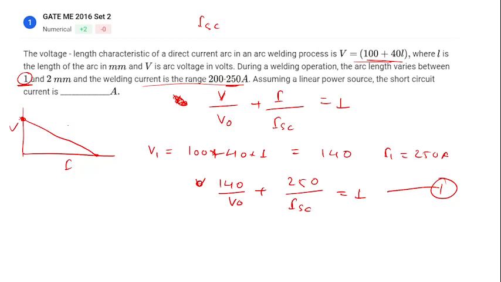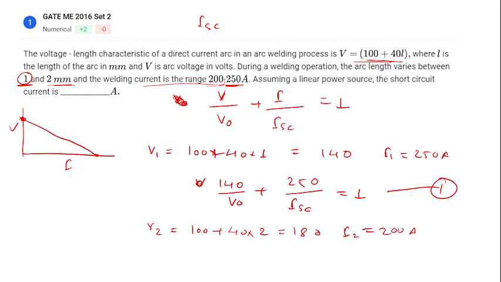Second is what? When your arc length is 2 mm, what will be your welding current? That will be 200. So your V2 is 100 plus 40 into 2, that will be 180. And at this, your current is what? I2 is 200 ampere.